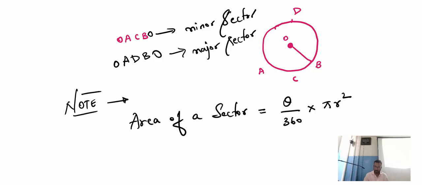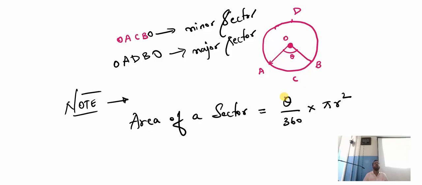This is the formula we use to find the area of a sector. Either they say sector or minor sector, both are the same.